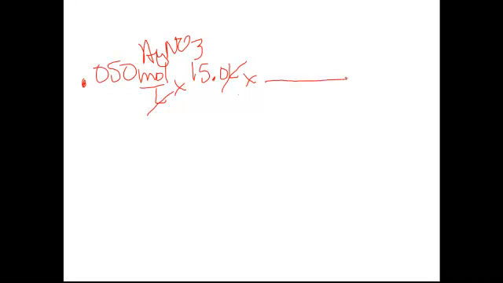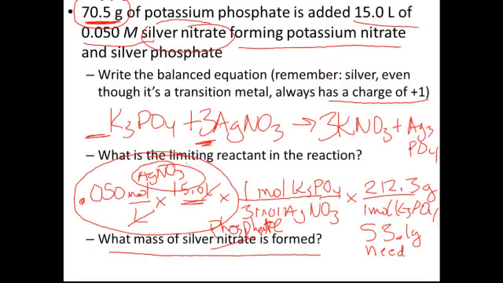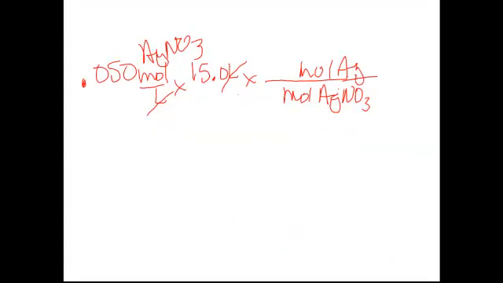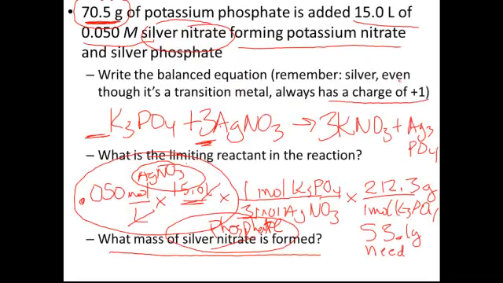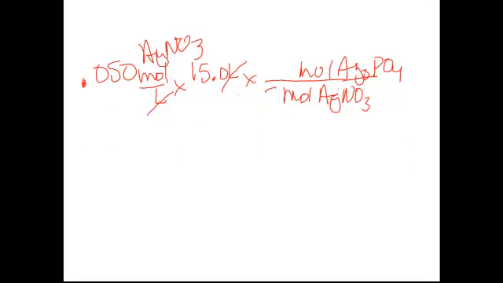And so now I'm going to go from moles of AgNO3 to moles of what I'm asking you for, silver phosphate, which is Ag3PO4. And according to my balanced equation, 3 moles of silver nitrate are going to react with 1 mole of silver phosphate.